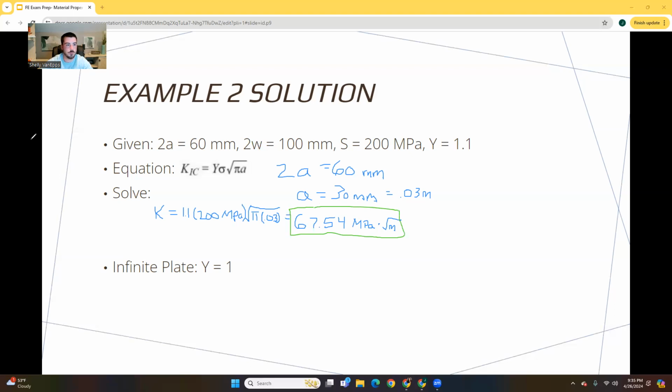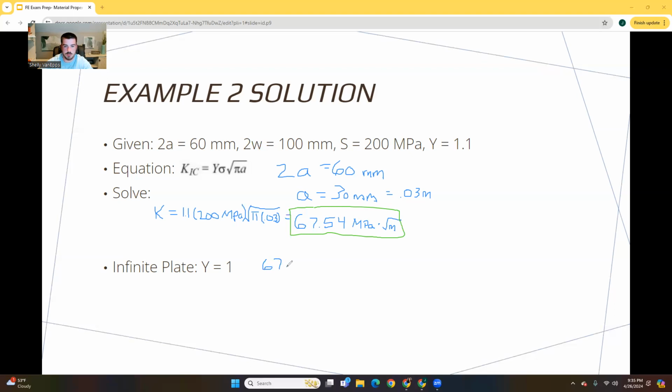Now we would like to go back and figure out what this would be in an infinite plate. And for an infinite plate, Y is equal to 1. So now we want to find what value of applied stress for an infinite plate would be equal to 67.54 megapascal root meters. So now we just want to rearrange this equation to solve for sigma.